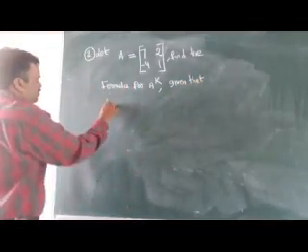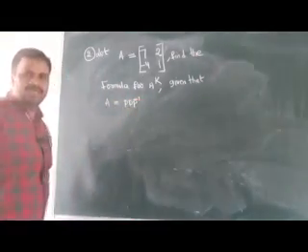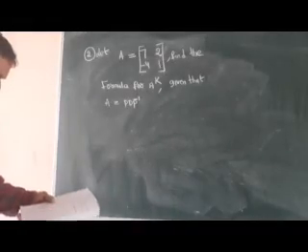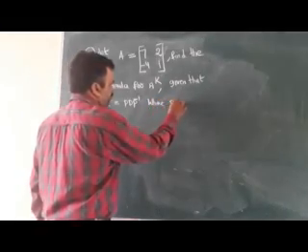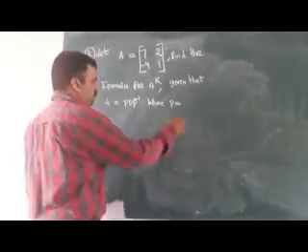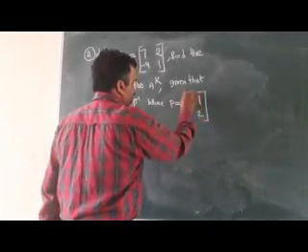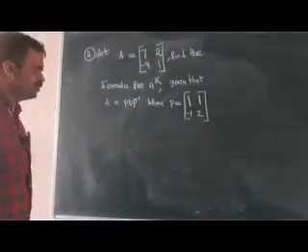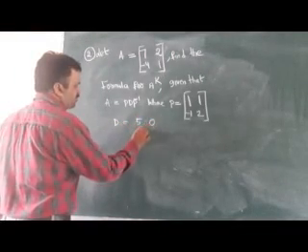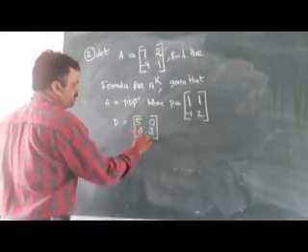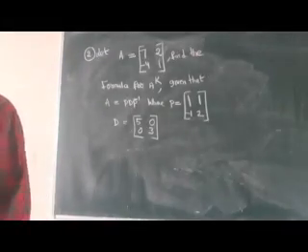given that A equal to P D P inverse, where P equal to 1 1 minus 1 2 and D equal to 5 0 0 3.